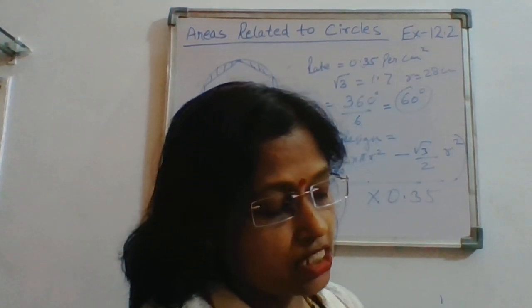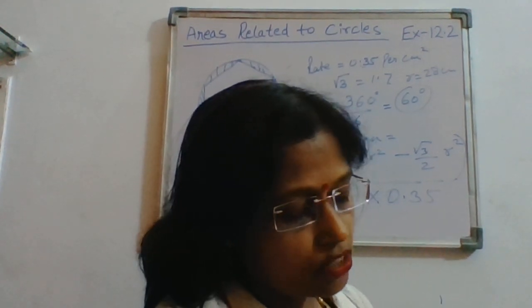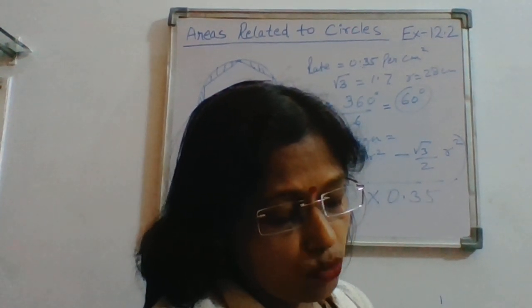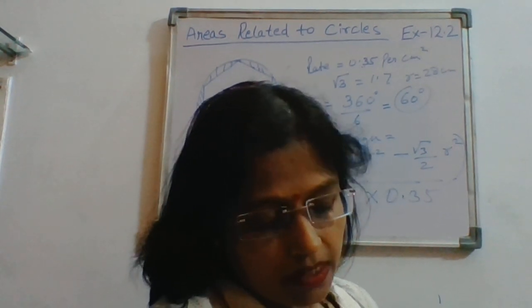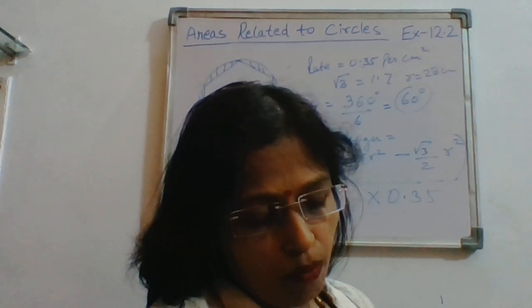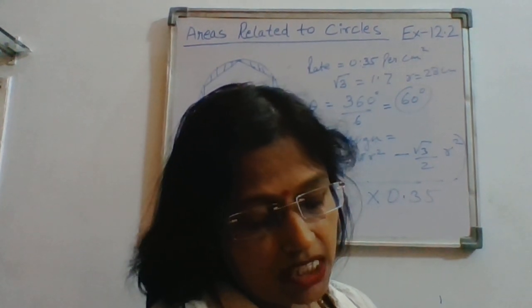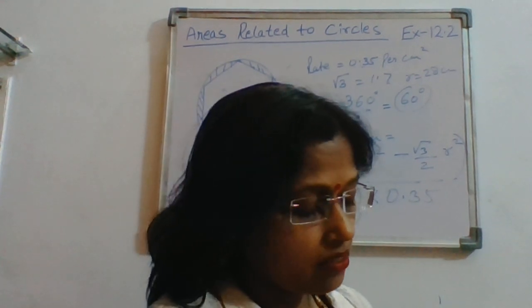P upon 360 into 2 pi r. Again, 2 pi r is the length of the arc. So area is not related with it. See the D part. P upon 720 into 2 pi r square. When you simplify 2 by 720, you will get 360. So it is P upon 360 into pi r square. So the last option will be correct, right?